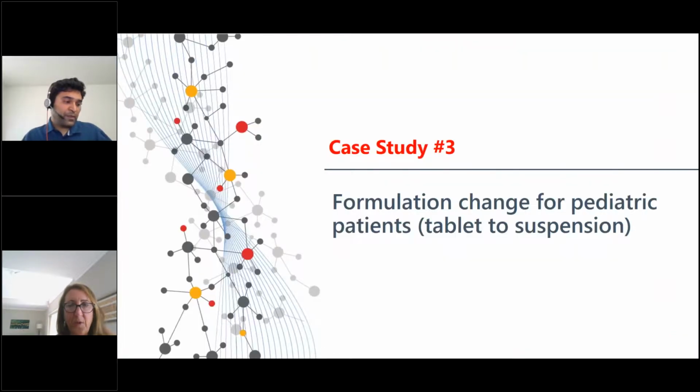Okay, so let's switch it up a little bit and talk about a formulation change for pediatric patients, where the tablet would not be appropriate for children. So we moved to a suspension. Now, we all know that children are not small adults, and not all children are the same.